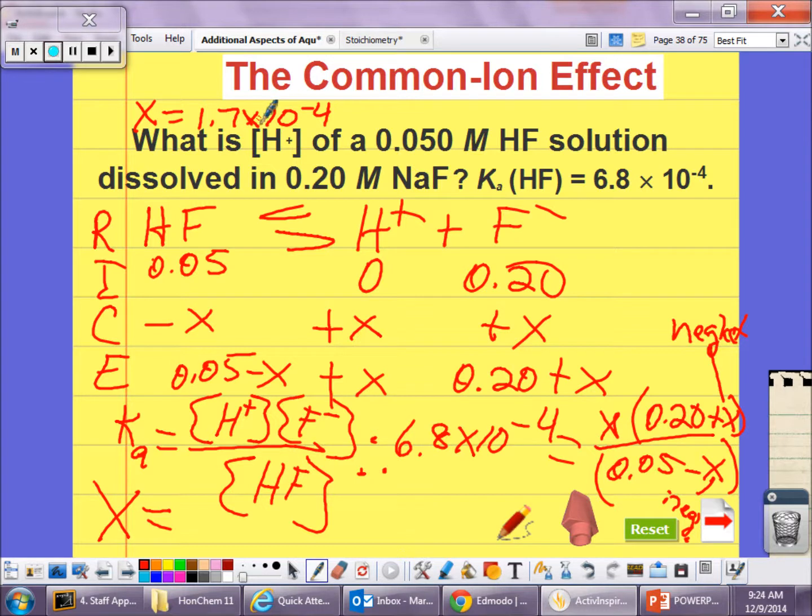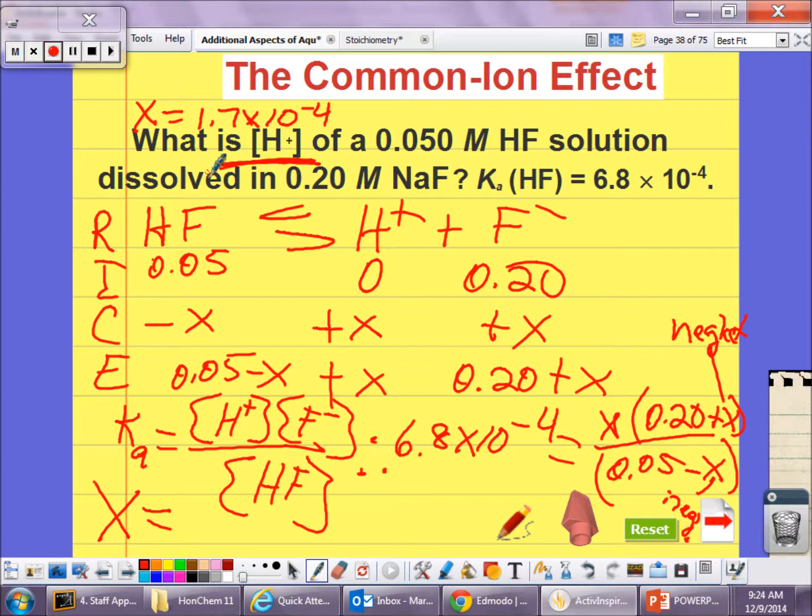But remember what they asked for. That's what they asked for. Now, what I need you to understand is that you can use Le Chatelier's principle to explain exactly what's going on. If you did not use any salt, if you did not use any F minus, then you would have more H plus.